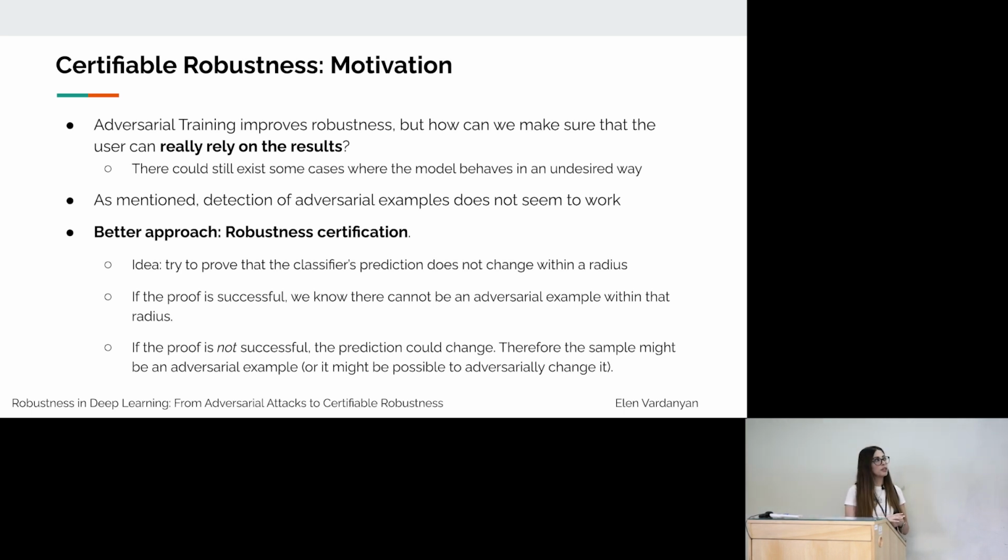And if we do prove this, and it's successful, then we know that there are no adversarial examples within this radius around our given input sample. And if the proof is not successful, if we cannot prove that it's adversarial free, then we know that the prediction could change to another class. And so there might be some samples that are adversarial.